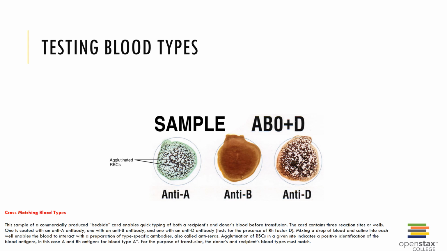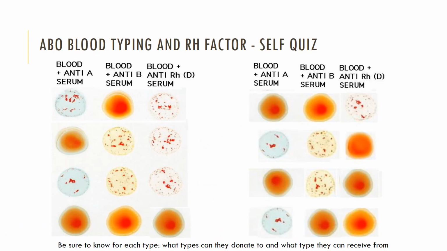And you can see here the agglutination reaction in the anti-A and anti-D samples. If you look at the ABO blood typing and examine the agglutination reaction shown here for the various blood types, we can determine the blood type of the sample.